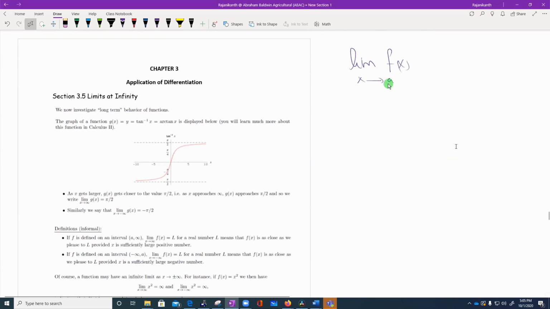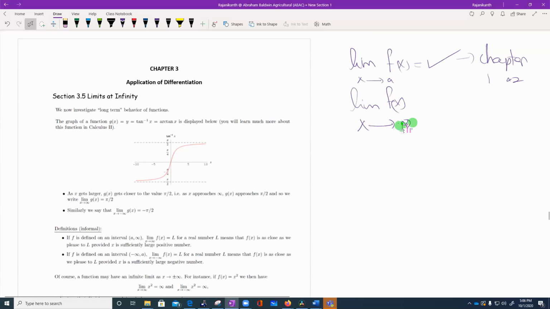A is any real value. We practiced this and did so many problems in chapters 1 and 2, right? But now, in this section, we are again going to find the limit of the function value, but where? When x goes to plus or minus infinity.